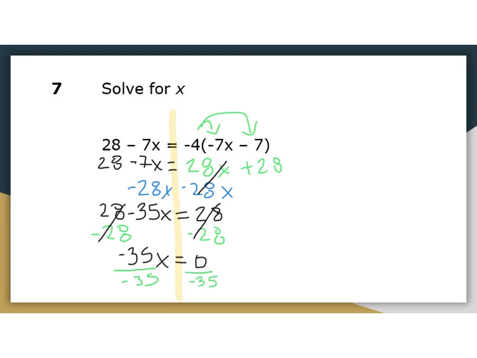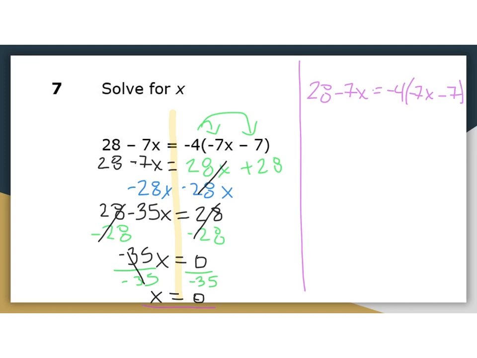And when you do that, the negative 35's on the left cancel out, leaving you with x. And then 0 divided by anything is 0. Once again, you come back and check. If x has a value of 0 and anything times 0 is 0, when you take your 28 minus 7x equals negative 4 times negative 7x minus 7.